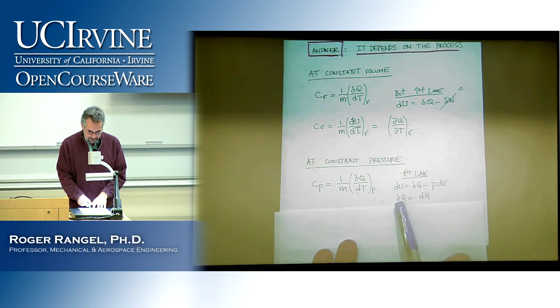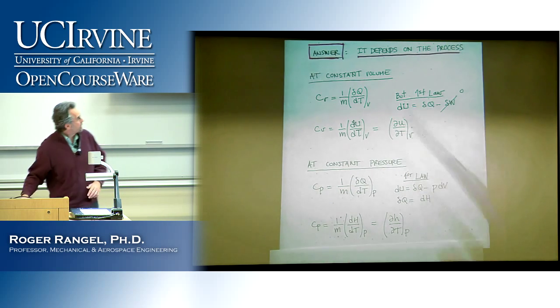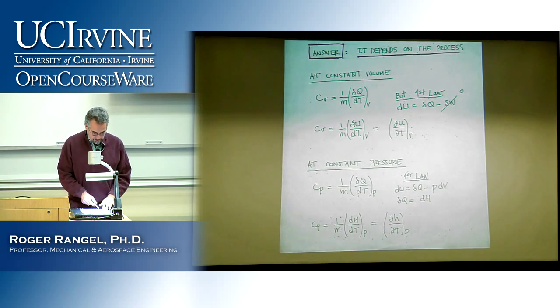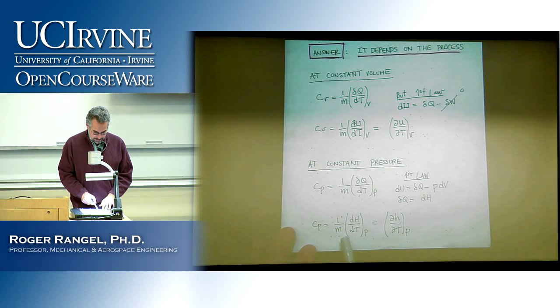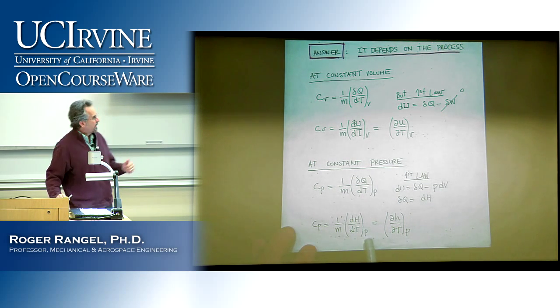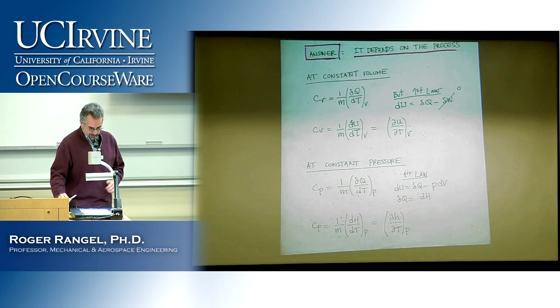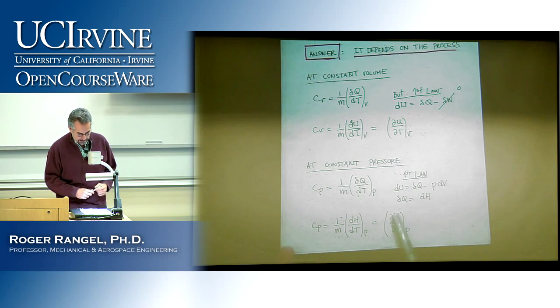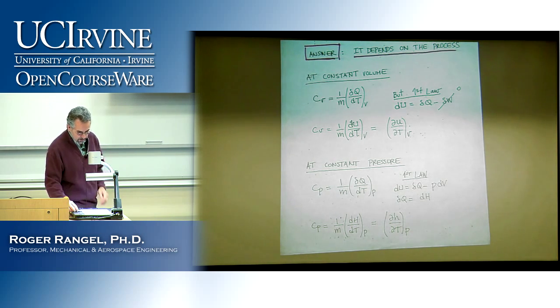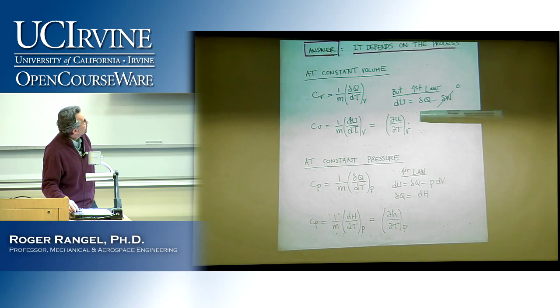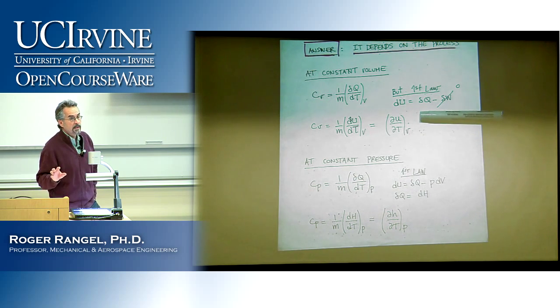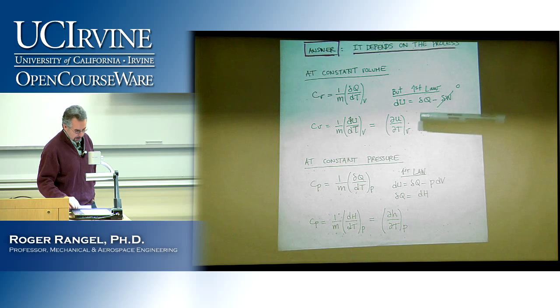Now I can replace the delta Q with a dH, and I have that result. So I have C sub P equals 1 over m dH dt at constant pressure, make it specific enthalpy divided by the mass, and then you get that. So you have these two expressions, which are formal definitions of the specific heats under these two conditions: at constant volume and at constant pressure.